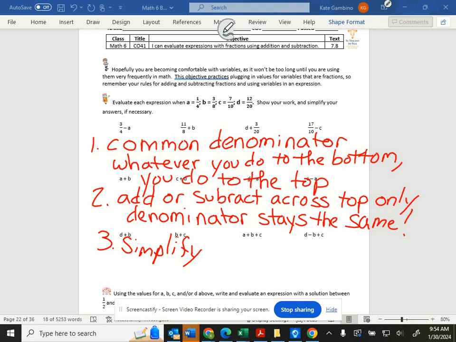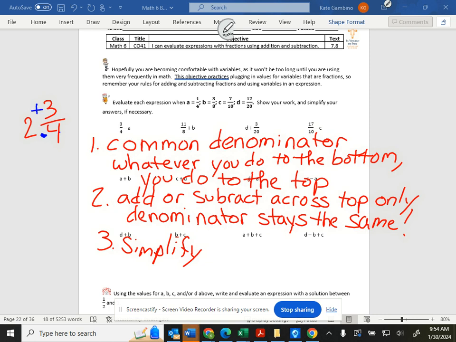Remember, if we have mixed numbers, we want to turn them improper. So if you're given a mixed number, make it improper. So if we have 2 3/4, how do I make that improper? Layla? Multiply that denominator and the whole number, and we add the numerator.